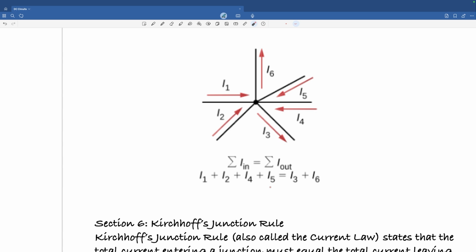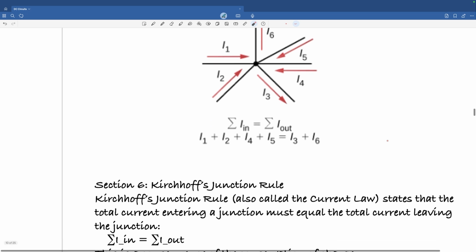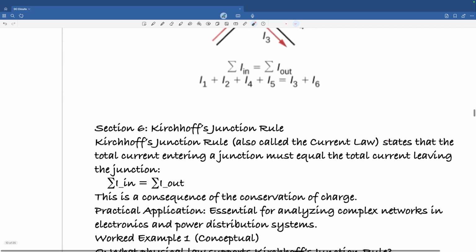Now, what is the significance of the junction rule? It shows us that there is no stagnation of charge at a junction. Whatever comes in goes out. Nothing settles there. So that's the consequence, or in other words, it's a consequence of the conservation of charge.